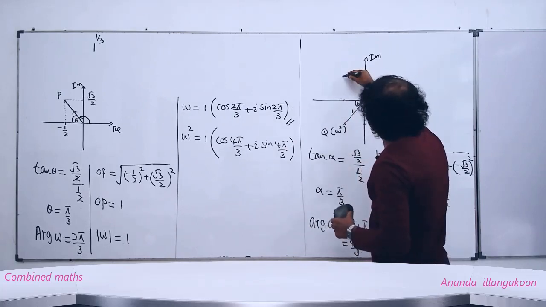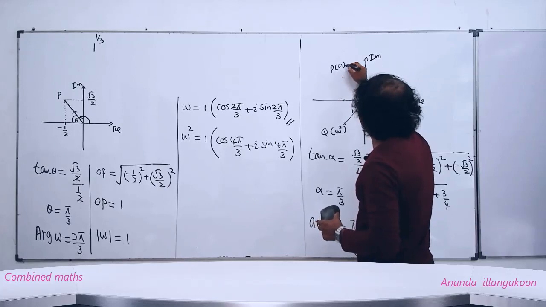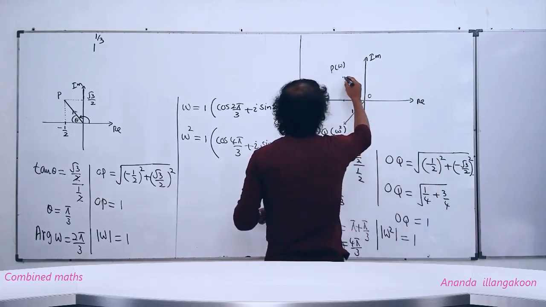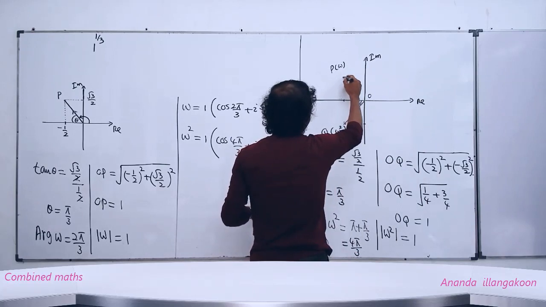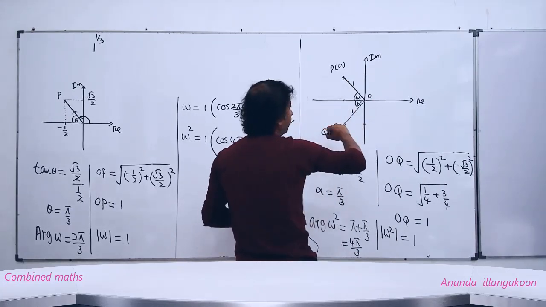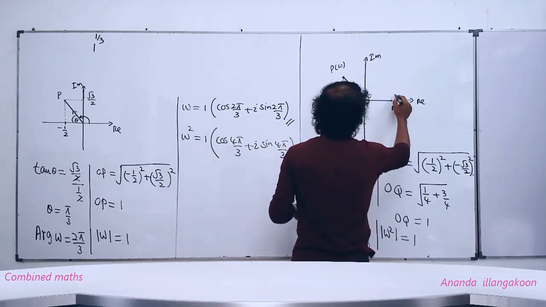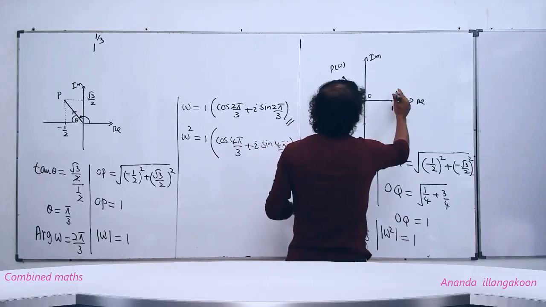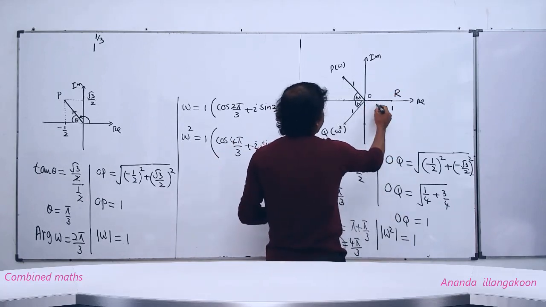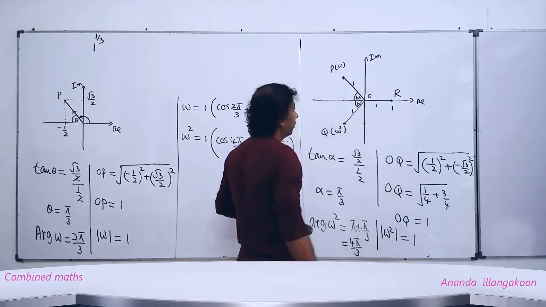The other one is omega here, P. This is 60. This length is 1. The other one is real 1, here. Suppose this is R. This length also is 1, people. Omega here, omega squared here, 1 here, R.